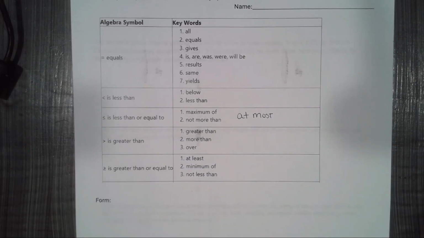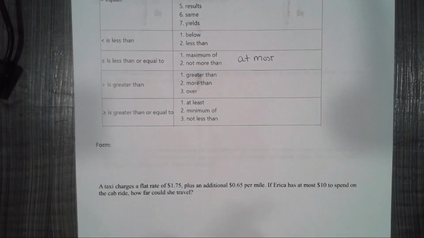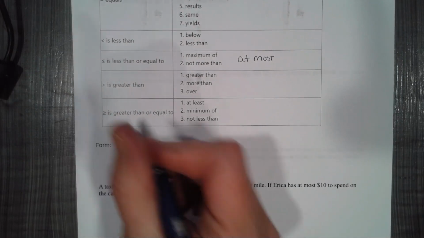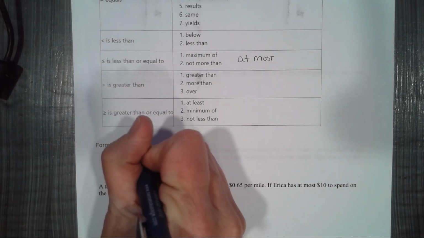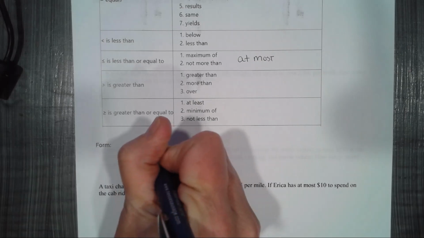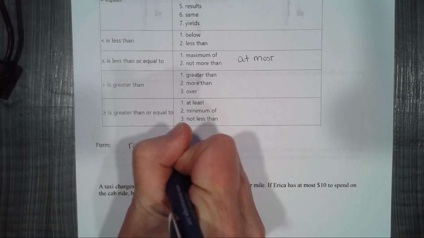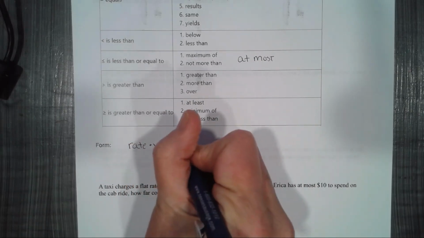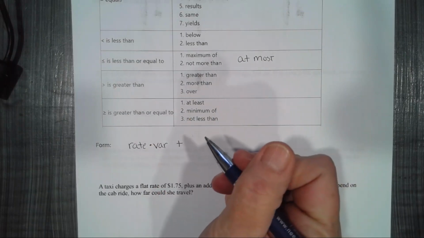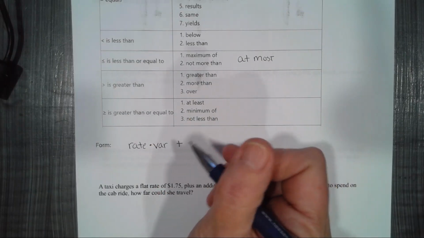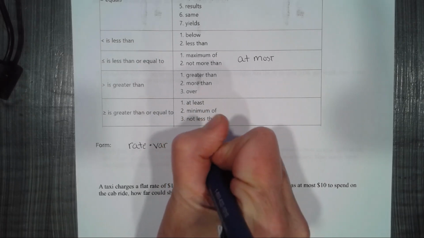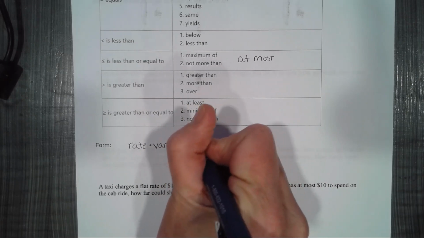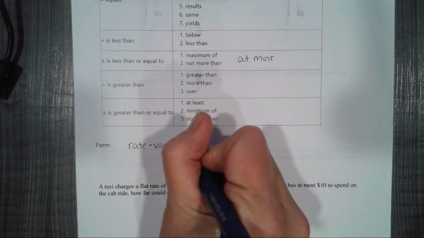Okay, so the form we're doing today is very similar to y equals mx plus b form. It is a rate, kind of like your slope, multiplied by your variable, and then you add, on a graph it would be a y-intercept. In words, it is some type of initial amount or value.